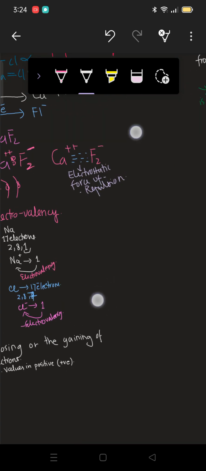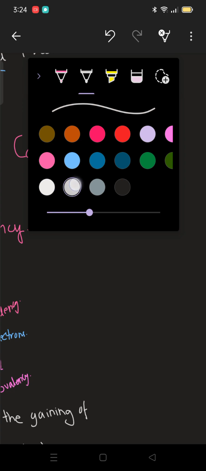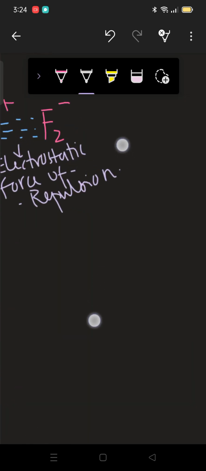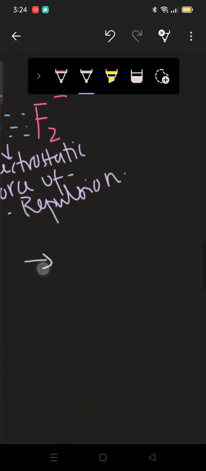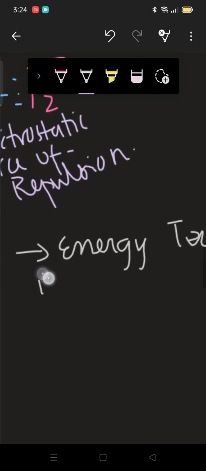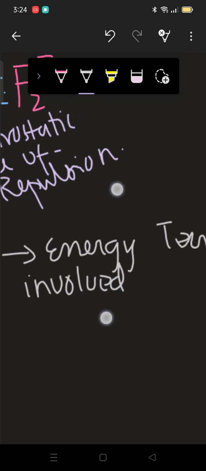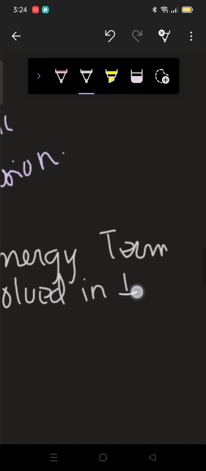So now we are going to discuss the energy terms involved in the ionic bond.